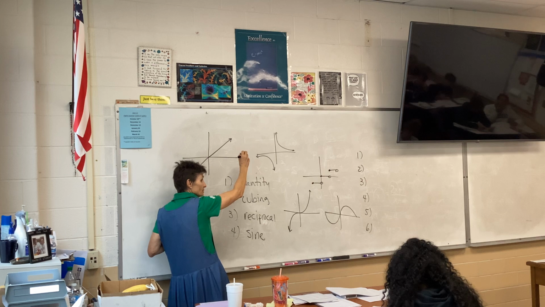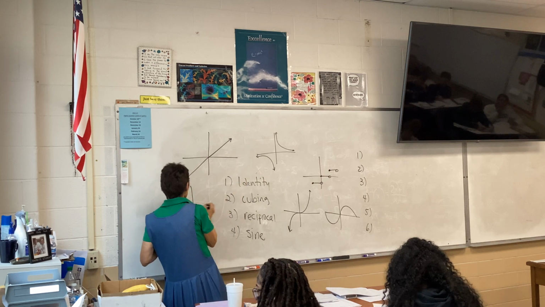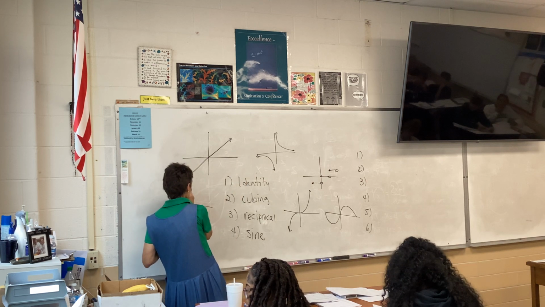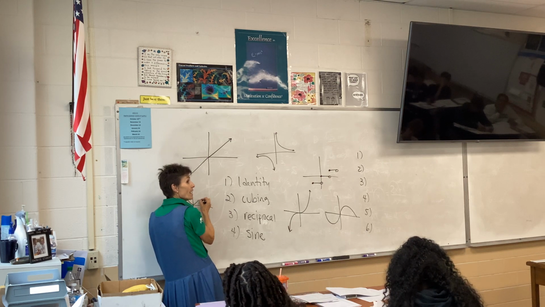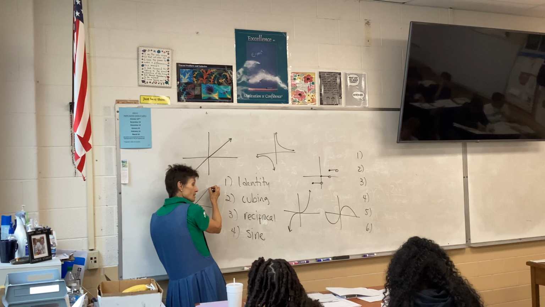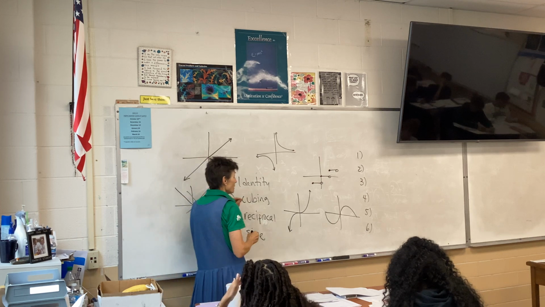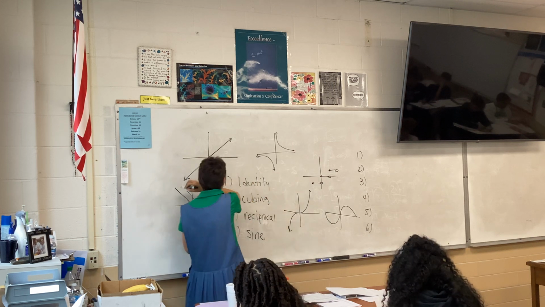Only going up. So, it's not the absolute value, because when you draw the absolute value, your hand goes down, and then it goes up. So that's not 1. I want a picture that my hand only goes up.